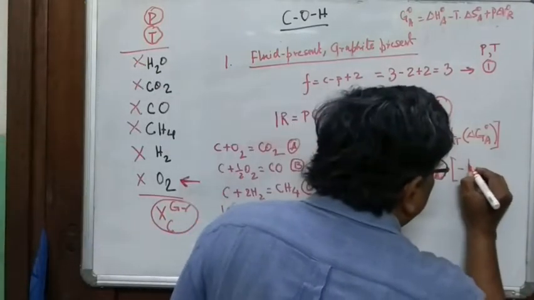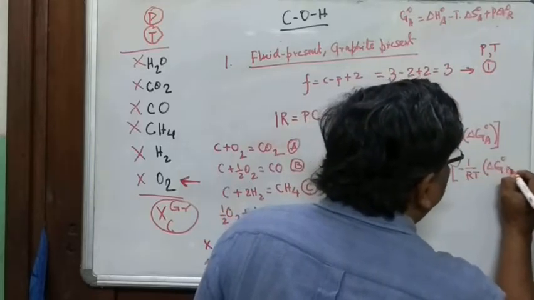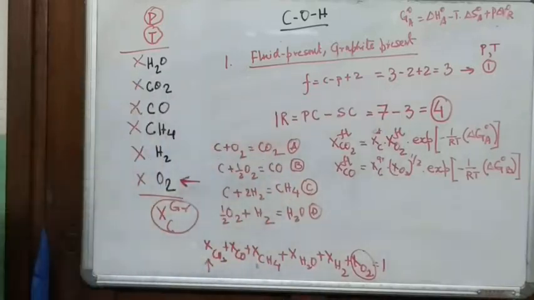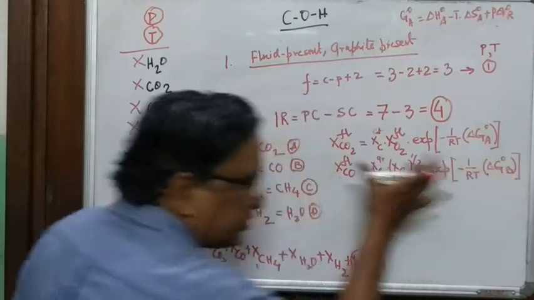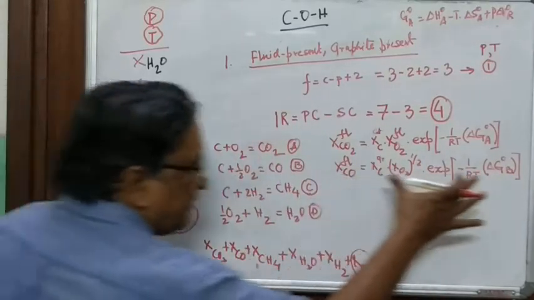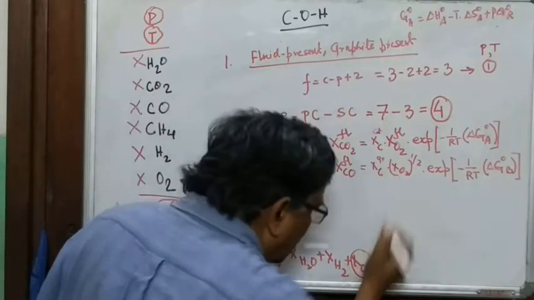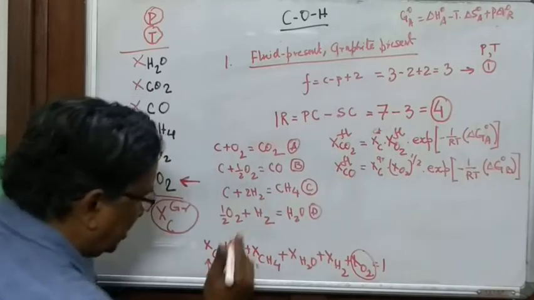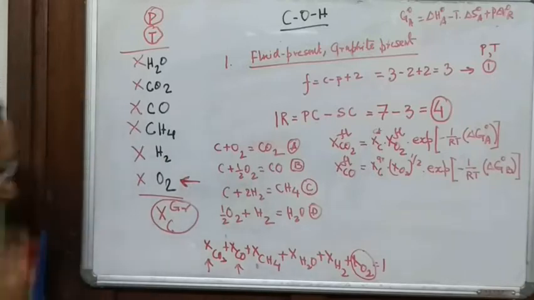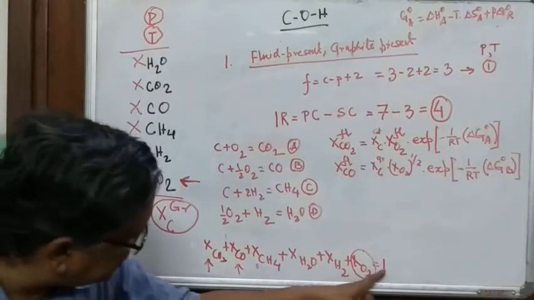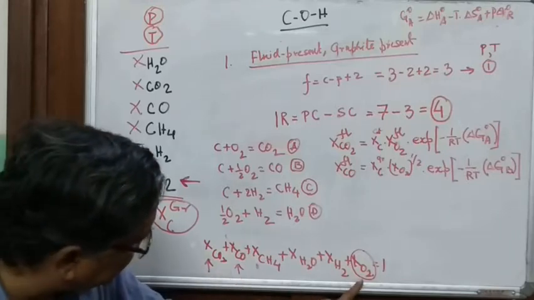And here, it's minus 1 by RT into delta G0B. There you go. So, look at this again. At a particular temperature of equilibrium, this value is a constant. Xc graphite is equal to 1. XO2 is an input. So XCO can be determined. So this is determined, this is determined. This was used as an input.